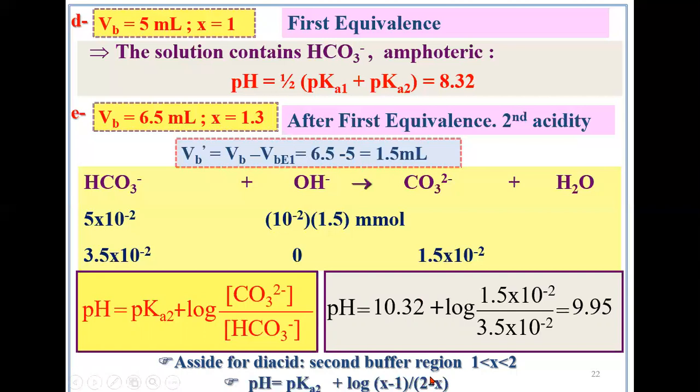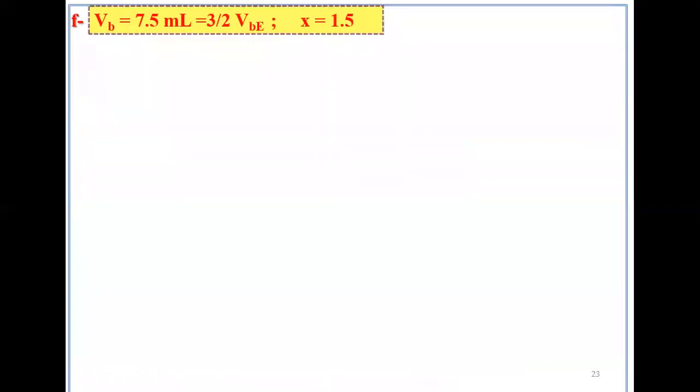So 0.3 divided by 0.7 is what? Exactly this number. You get exactly the same number, and so you get the exact same pH with zero effort, zero thought process, zero calculation, and almost always correct.